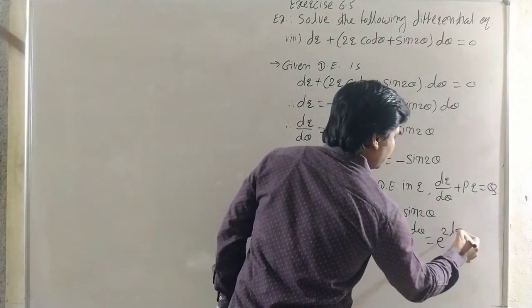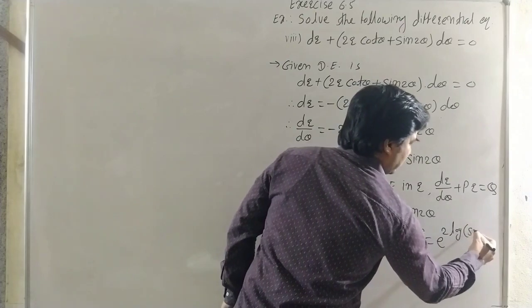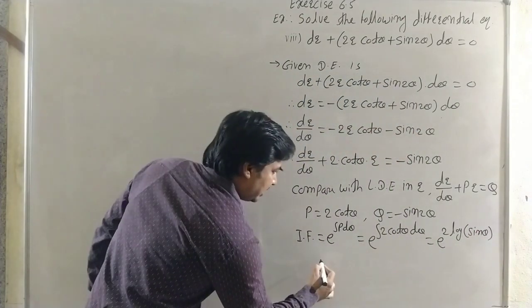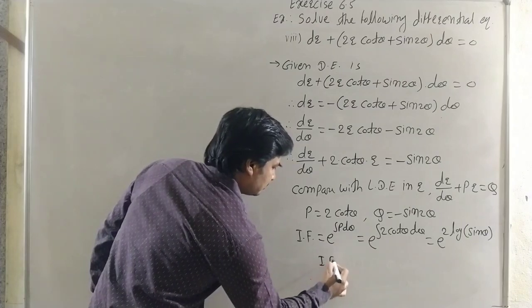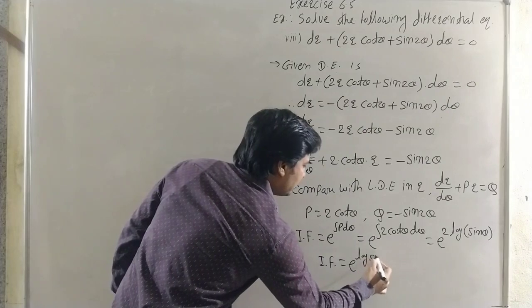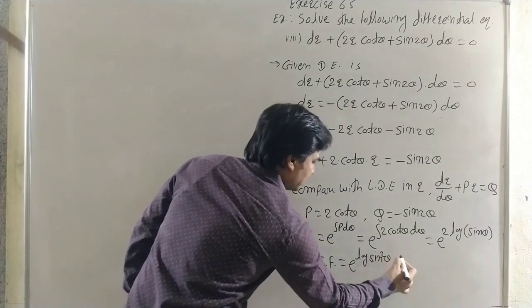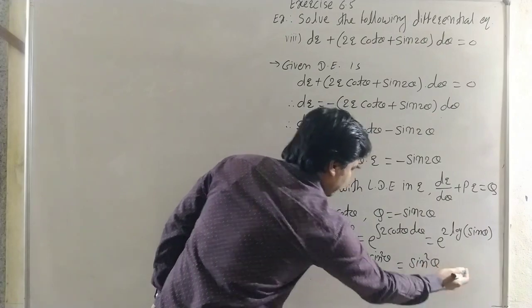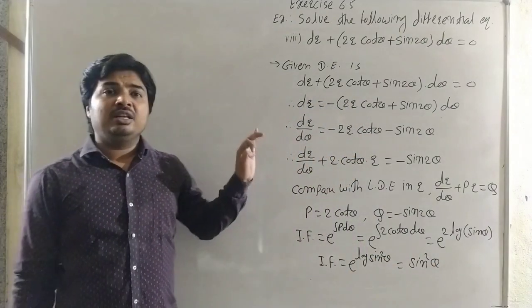The integration of cot theta is log of sin theta. So the integrating factor is e to the power log of sin square theta, which is sin square theta. This is the integrating factor.